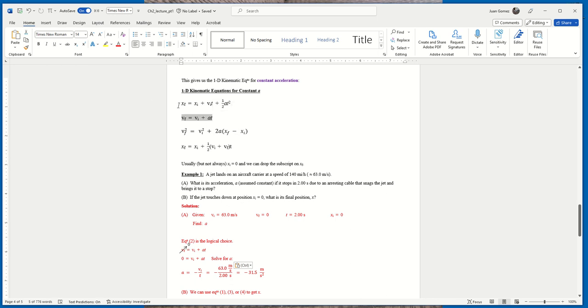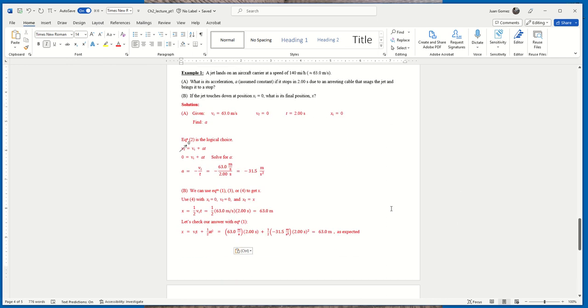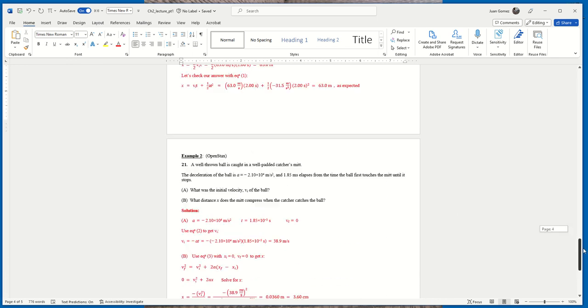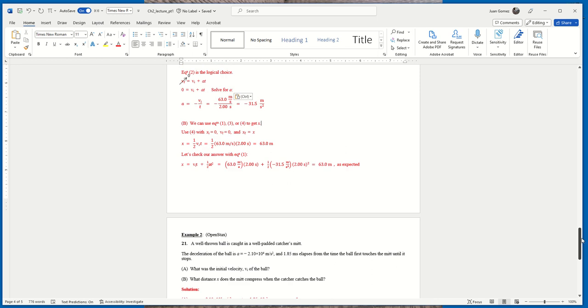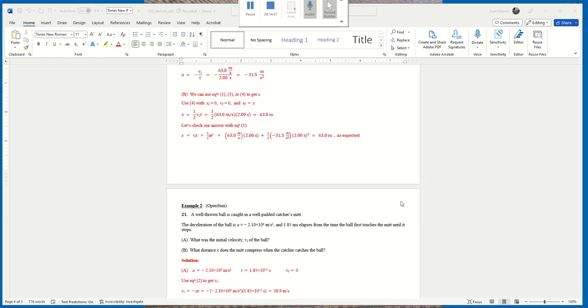Now, I could use equation 1, 3, or 4 to get x, because I know the acceleration from part A, and I know VI and VF were given.